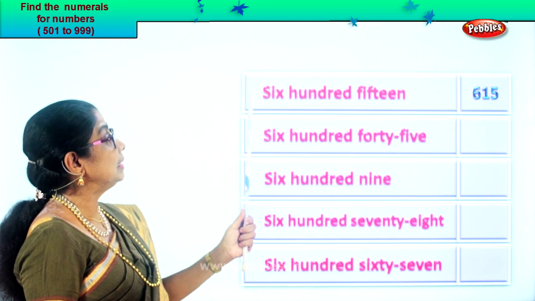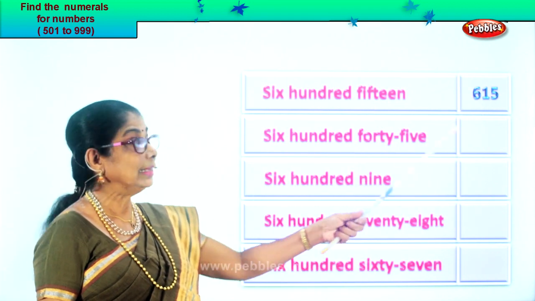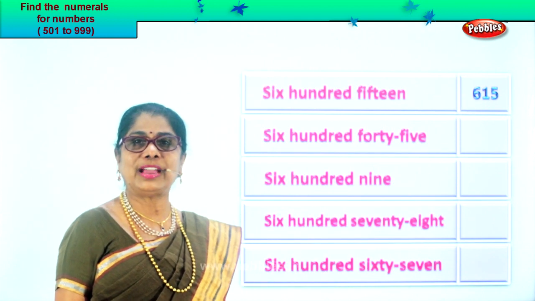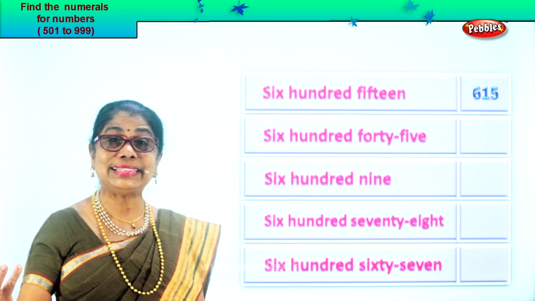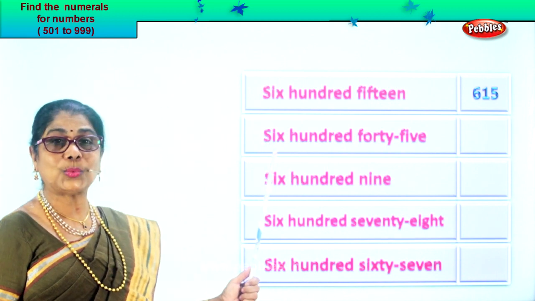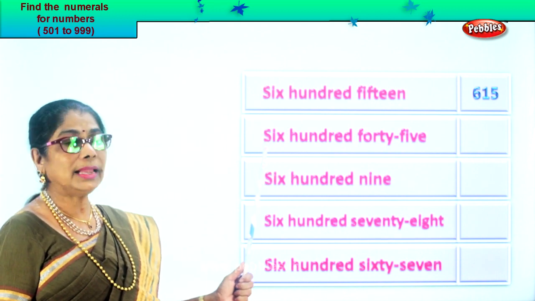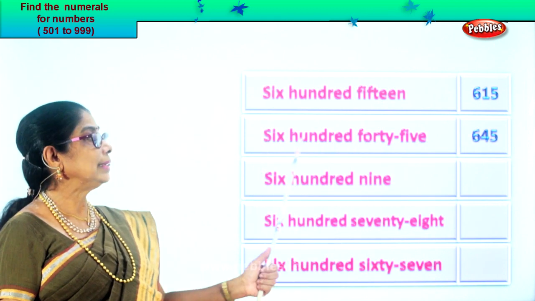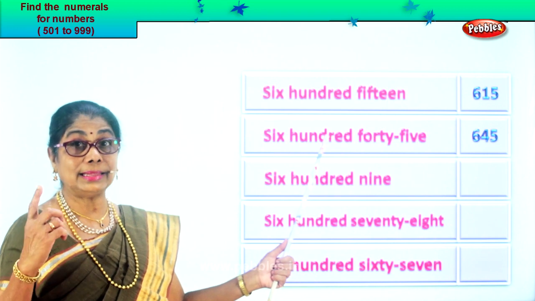615. 6 in the 100 place, 1 in the 10th place, and 5 in the 1 place. Isn't it easy? Good. Let's take the next one. 645. 600. 6 in the 100 place.